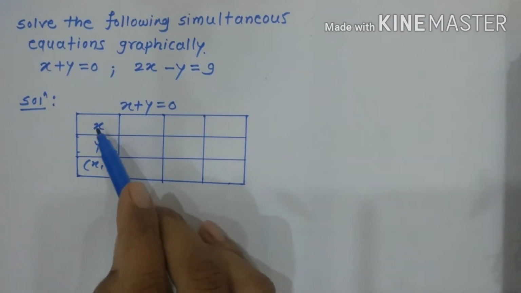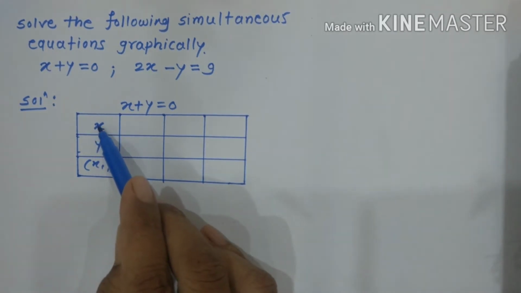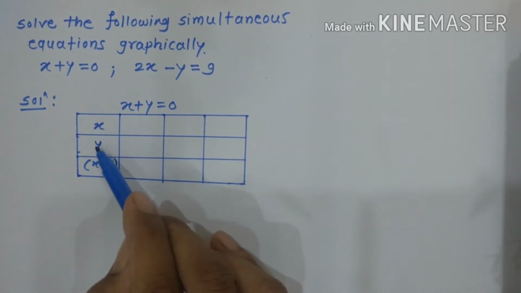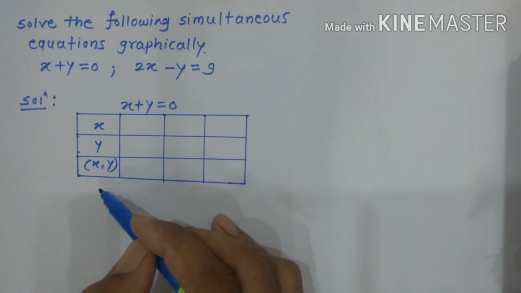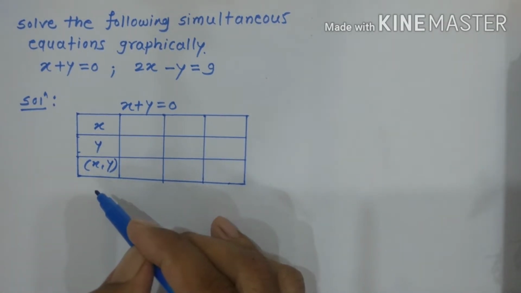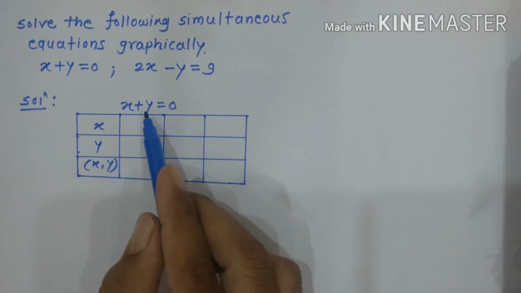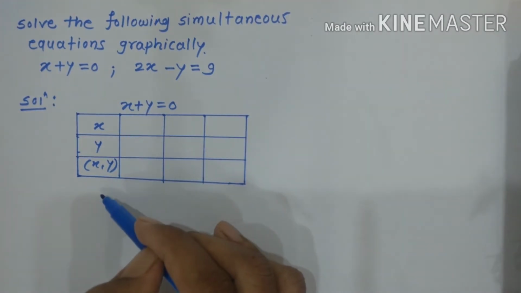Label the first row of first column as x, second row as y and last rows as x, y. We have to consider any value of x and then the value of y is obtained by calculation.